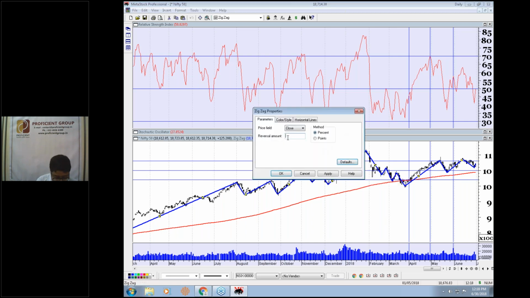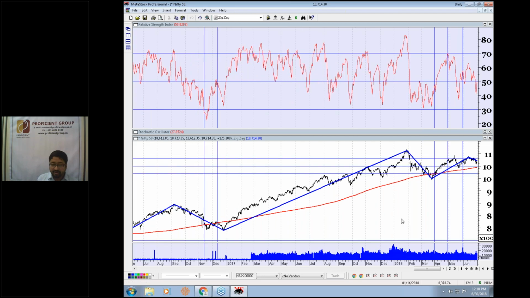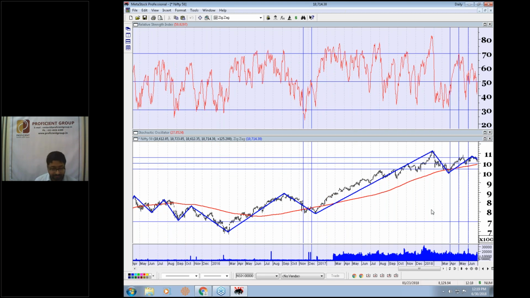You can even change it. You can even make it 5%. Doing that, you will lose further volatility and you can see the trends with more clarity. So it is up to you what kind of filter you are going to use.